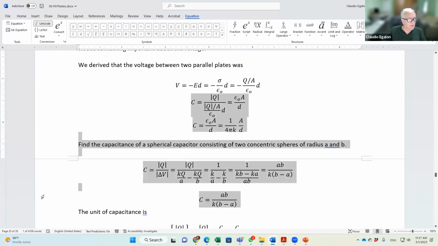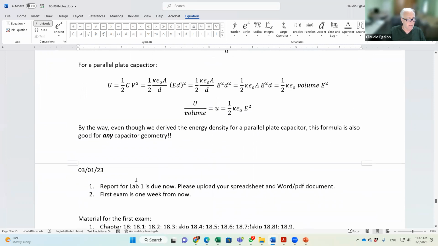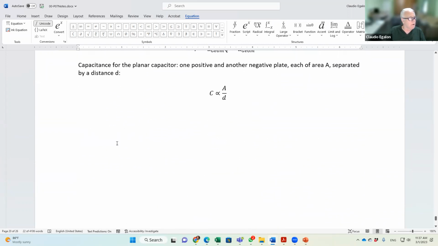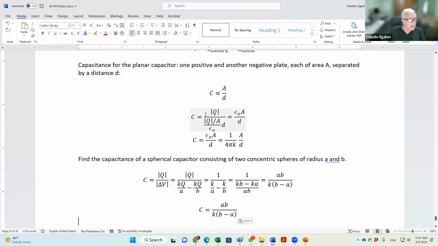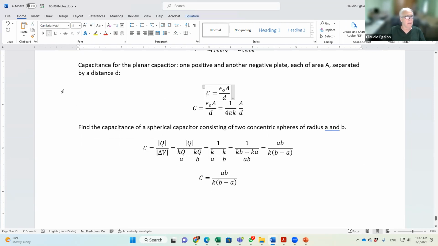Okay, so we have those two here. One is the spherical capacitor, the other is the planar capacitor, A over D, which can also be written in terms of that K constant that you were first introduced to.